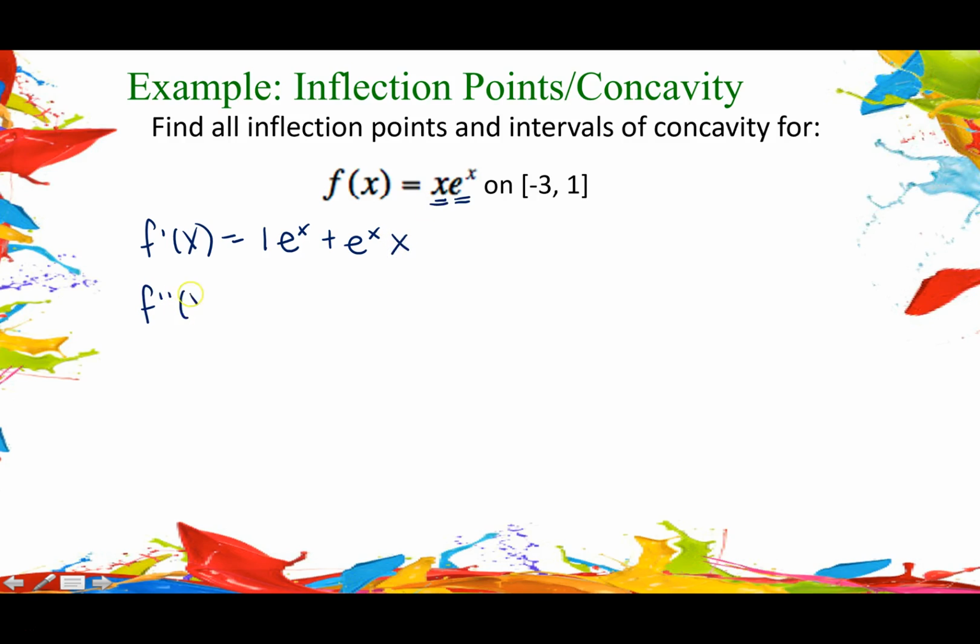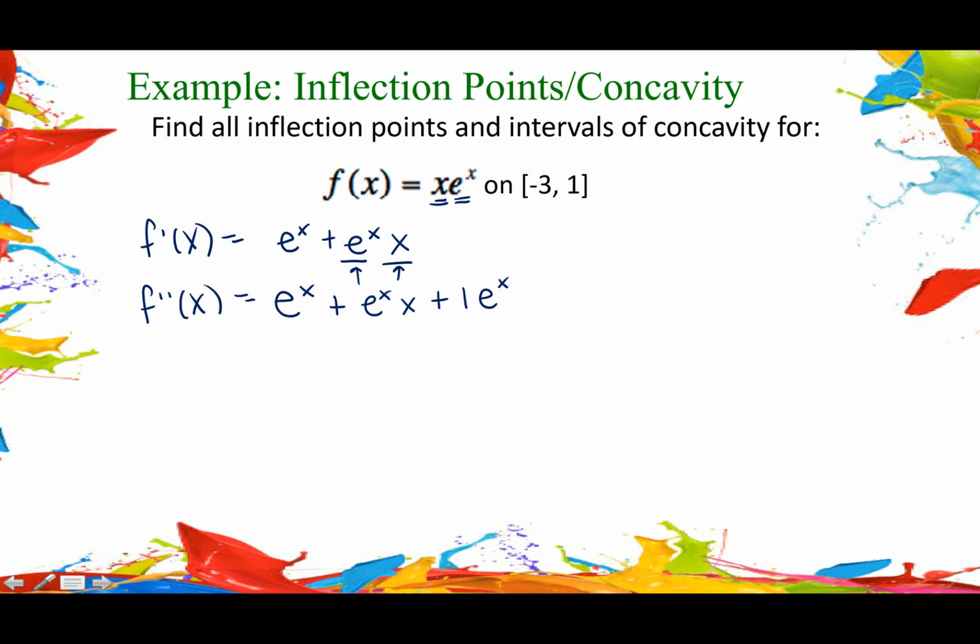Second derivative, okay, well 1 times e to the x is just e to the x. So this is just going to be e to the x is the derivative of that. And now I need to do product rule with this first and the second. So derivative of the first is e to the x times the second, plus the derivative of the second, which is 1, times the first, which is e to the x.